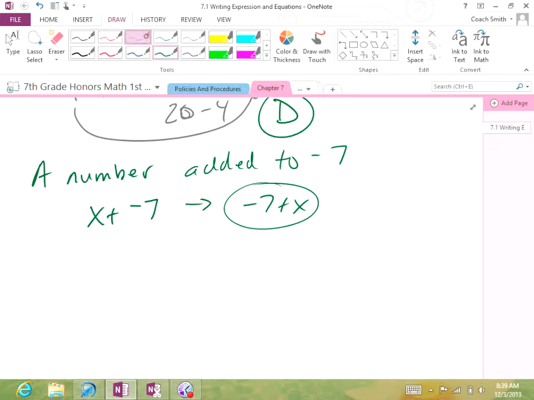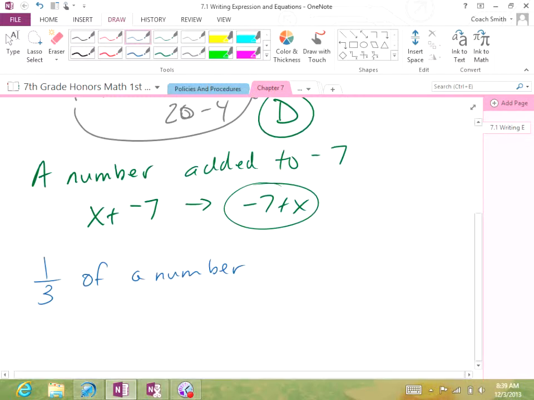Okay, how about this one? 1/3 of a number. First of all, what mathematical operation are they doing with 1/3 of a number? It's a fraction, but that's not a mathematical operation.